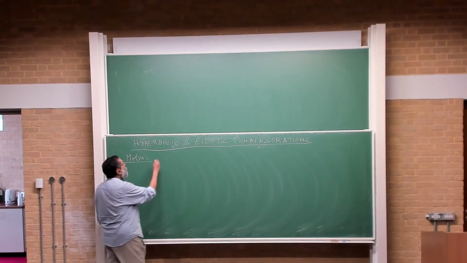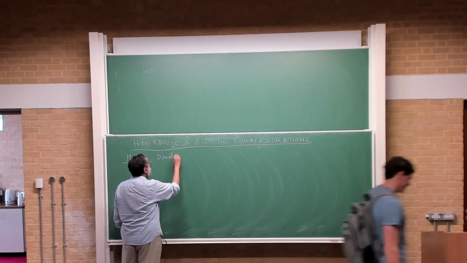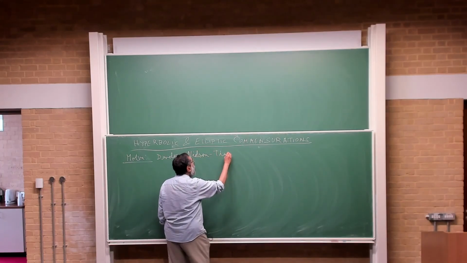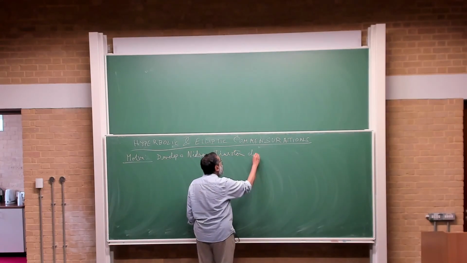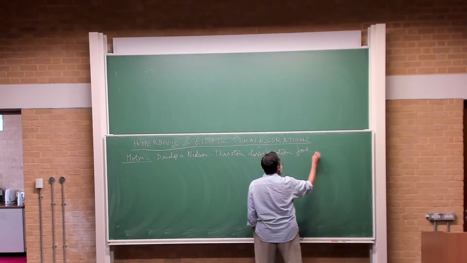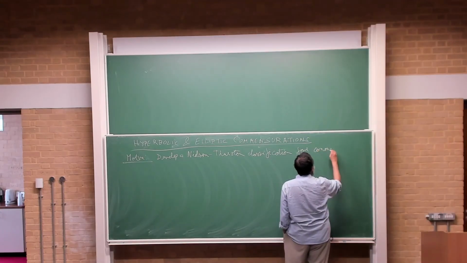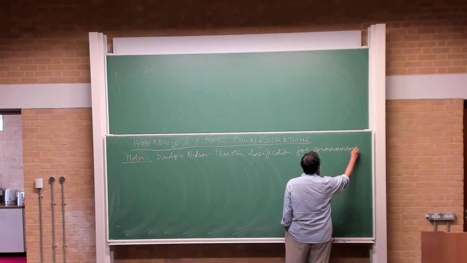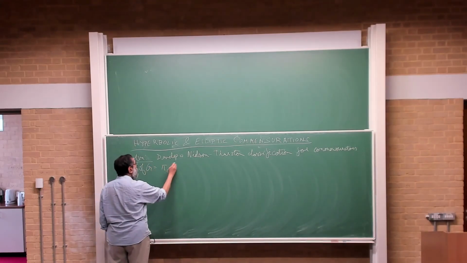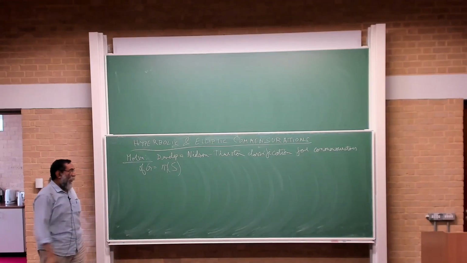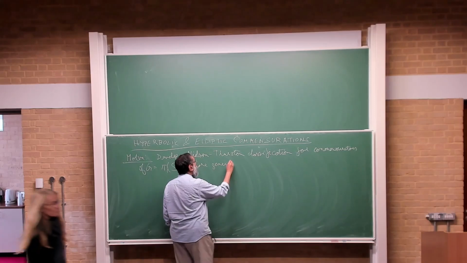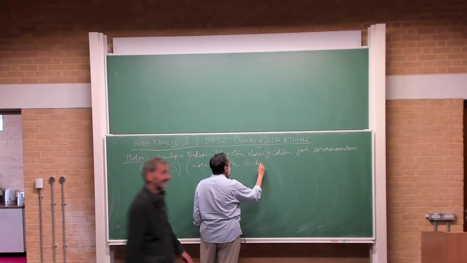The motivation is to develop a Nielsen-Thurston classification for commensurators of G equal to pi 1 of a closed surface, and more generally, G hyperbolic.